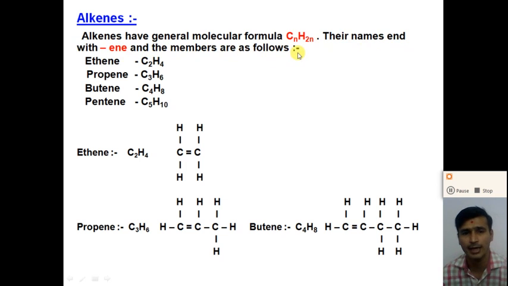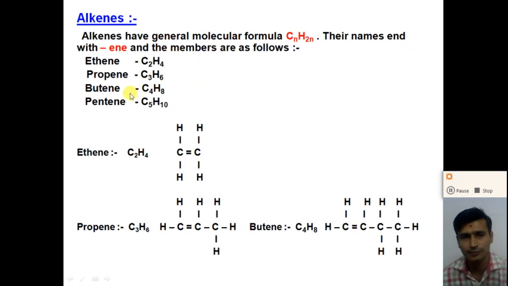The members are as follows: if you take n equal to 2, C2H4, that is ethene. n equal to 3, C3H6, that is propene. n equal to 4, C4H8, that is butene. n equal to 5, C5H10, that is pentene. Similarly hexene. In the alkene there is a double covalent bond between any two carbon atoms.